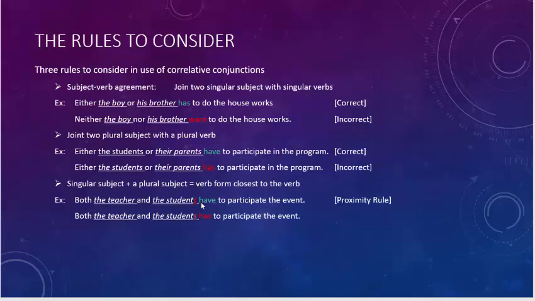So the verb of the sentence should be formed based on the closest subject. This is plural, so the verb is also plural. In this sentence, the subject is plural, the verb is singular, therefore it is not okay. Then we have to change this verb to the plural form. This is called the proximity rule, which should be considered in subject-verb agreement.